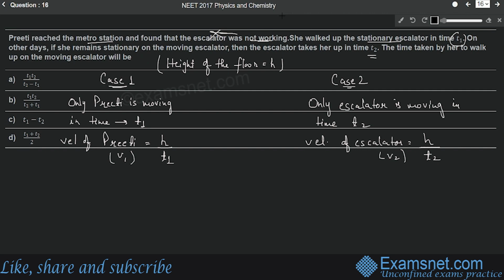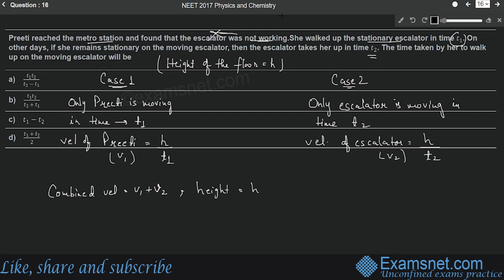Now in the third case, the escalator is also moving and Preeti is also moving up. So in that case the combined velocity will be v1 plus v2, right? And the height will remain the same.